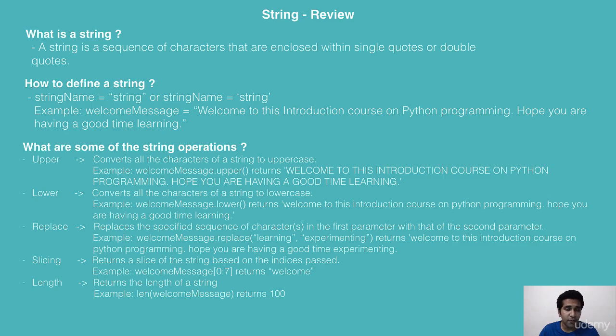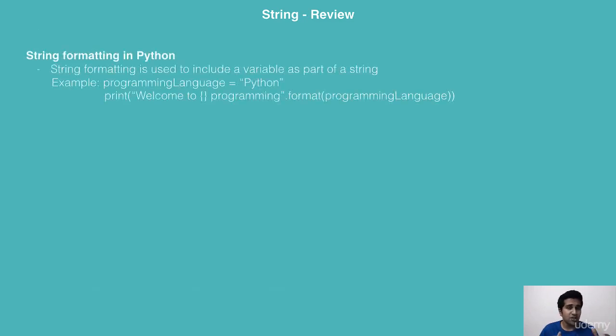After string operations, we saw how to format a string. What is string formatting? You can use a variable name as part of a string. How do you do that? You make use of a placeholder, which is a pair of curly braces, and then you end it with a dot format and enter the variable name. In this example, we have a variable called programming language, which has the string value Python.